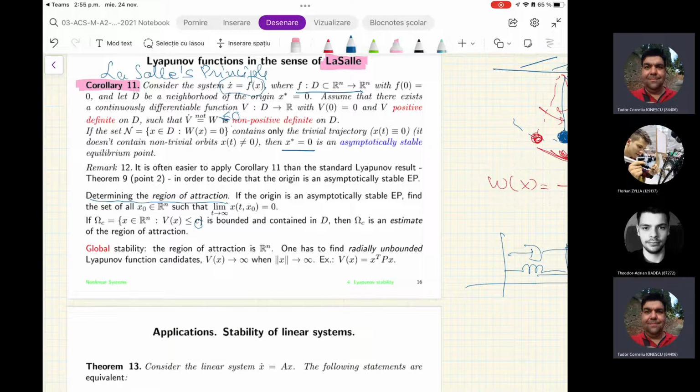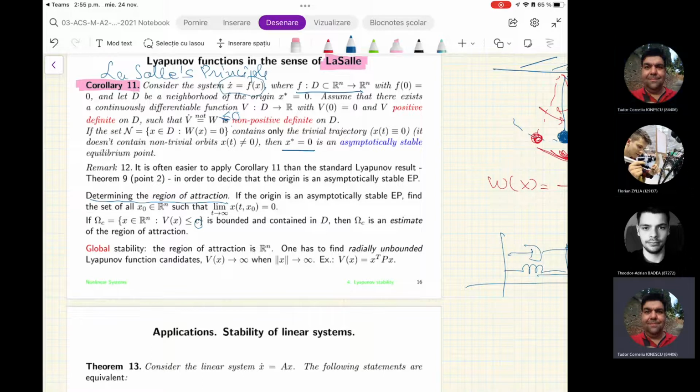No matter where the initial condition is for the linear system, if the linear system is stable, it will always go back to the origin. That's a special case, thanks to linearity, which is a wonderful property.